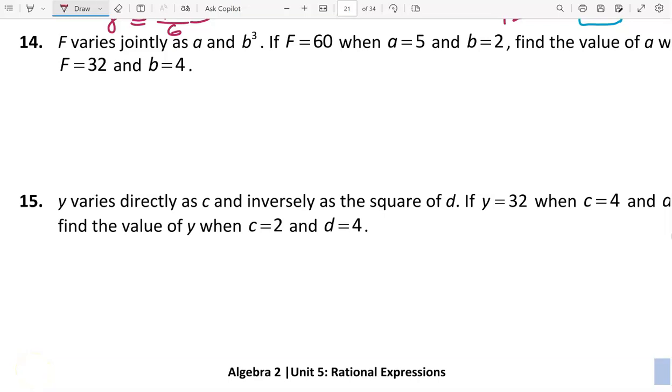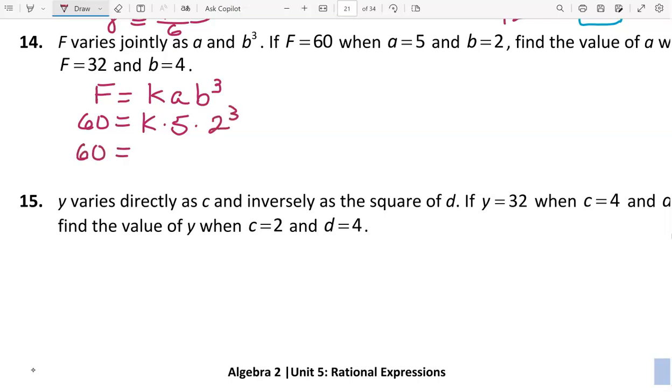In number 14, f varies jointly as a and b cubed. Joint variation means that f varies directly with both quantities, so f is equal to k times a times b cubed. The value of f is 60 whenever a is 5 and b is 2.